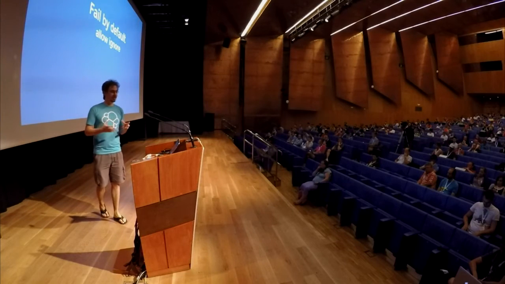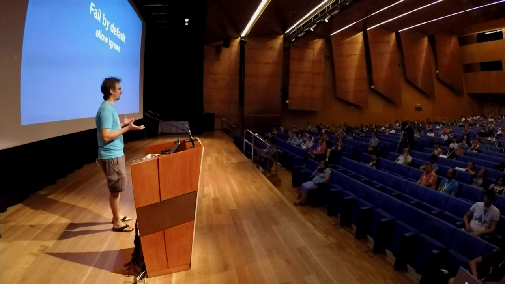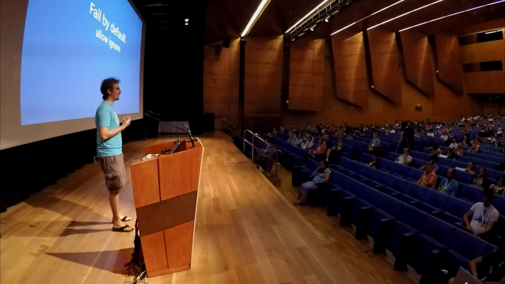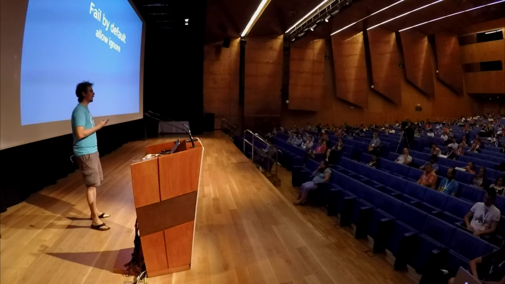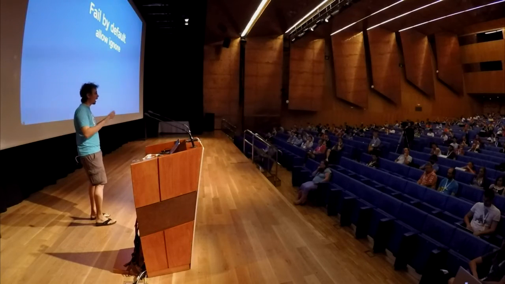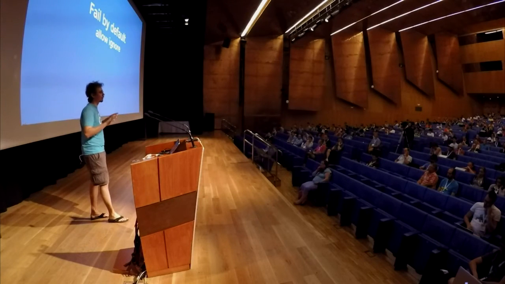When faced with a decision like this, like do I fail in this case, or is it okay and do I leave it to the user? I say always fail, but allow the user to override it. Allow the user to say, I'm aware that this is a situation that might happen, and I don't care. But at that point, you force the user to explicitly own the responsibility to maybe even do some research.